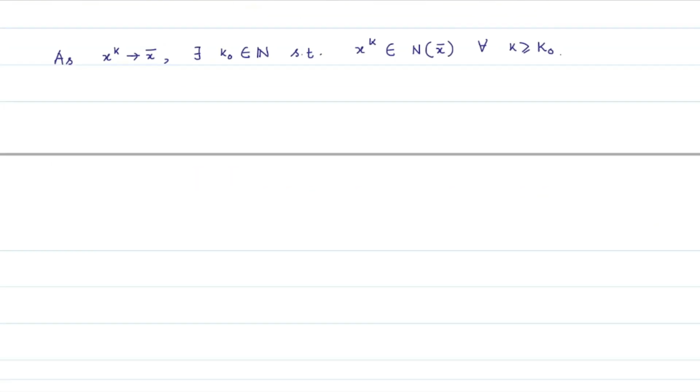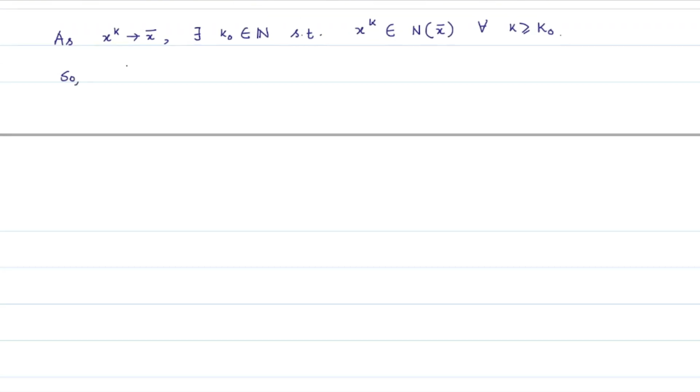And hence, what we will have is that the norm of gk plus 1 can be written as norm of gk plus 1 minus the gradient at x bar, where this is a null vector.